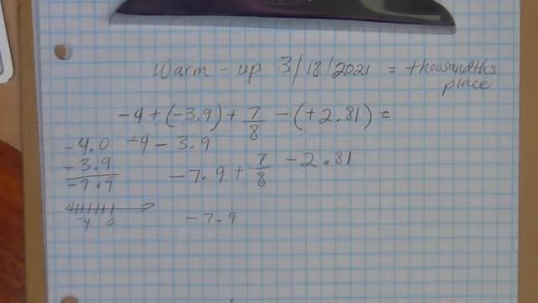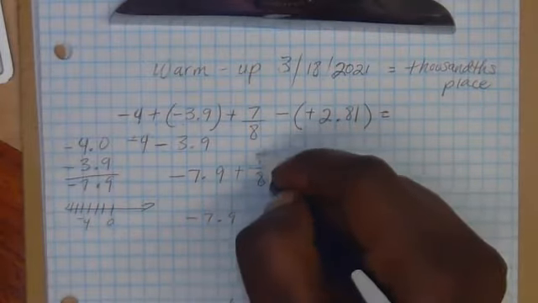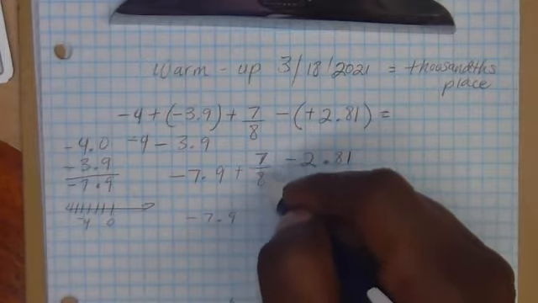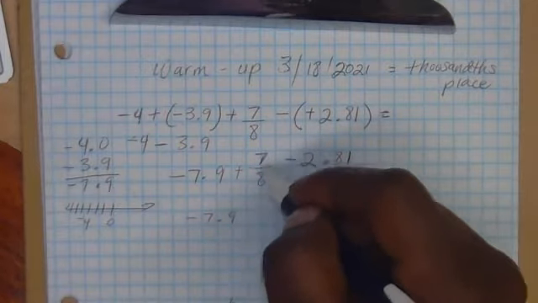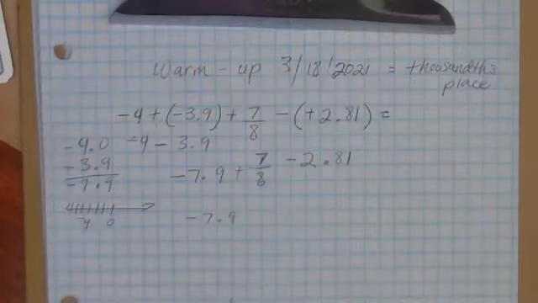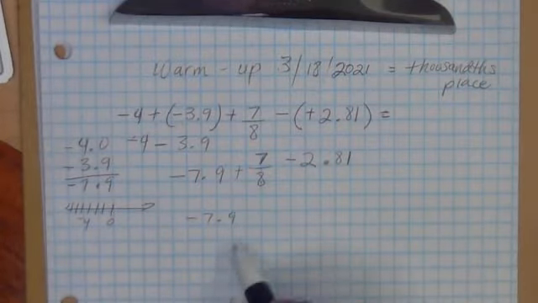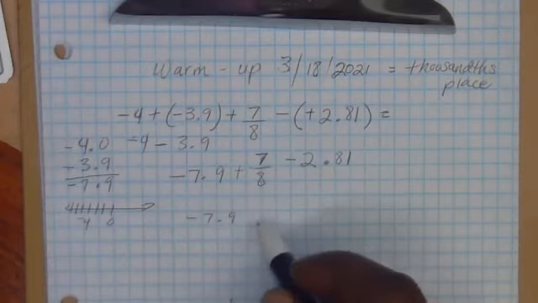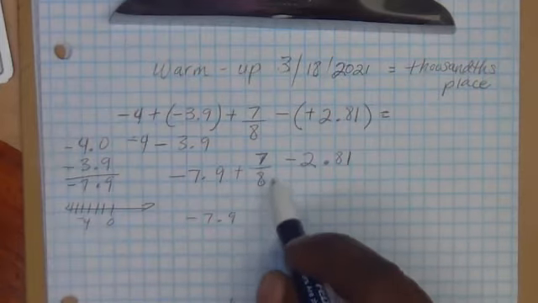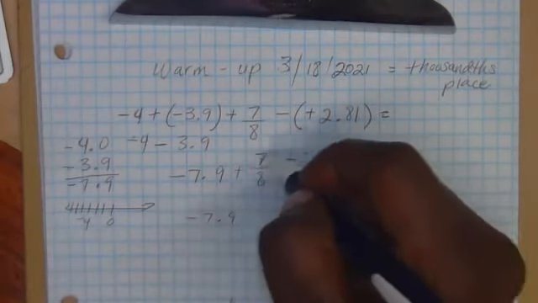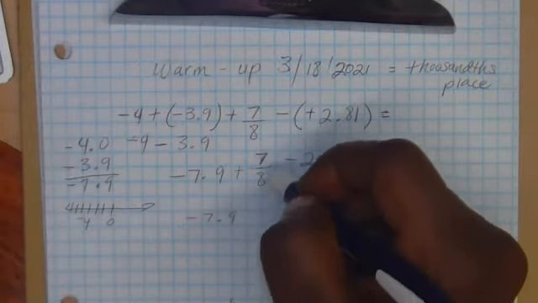Who could tell me what your answer is going to be less than when it comes to dividing how many times 8 will go into 7? It'll be less than how many? Anybody? It's going to be less than 1 because 7 is not 1 of 8.